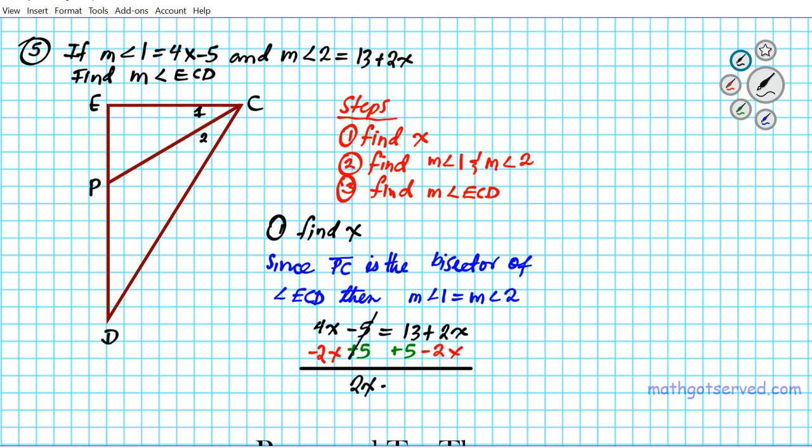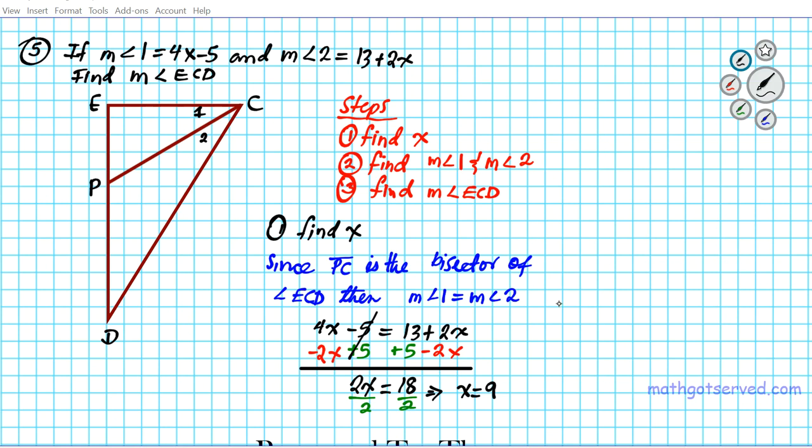And then 13 plus 5 is going to be 18. So to get x isolated, we simply divide both sides of our equation by 2. And then that will give us x equals 18 over 2, which is 9.